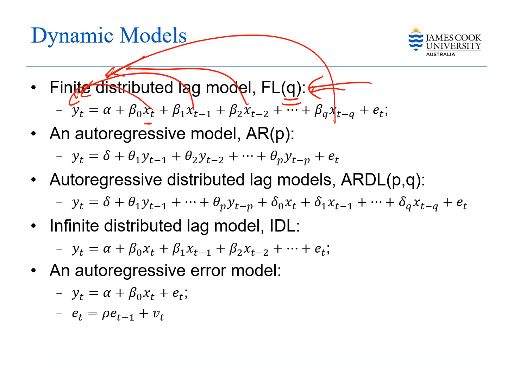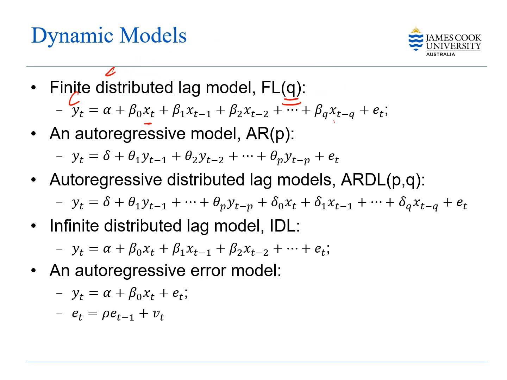We call this model finite because it only lasts for q periods, and it's a distributed lag. The impact of x on y is distributed over the current period, 1 period lag, 2 period lag, and q period lag. That's why it is called finite distributed lag models.